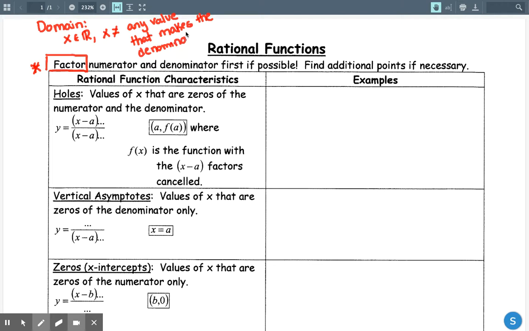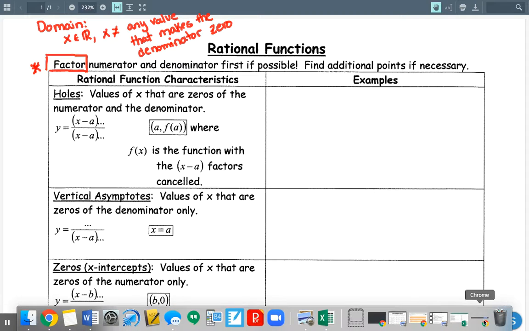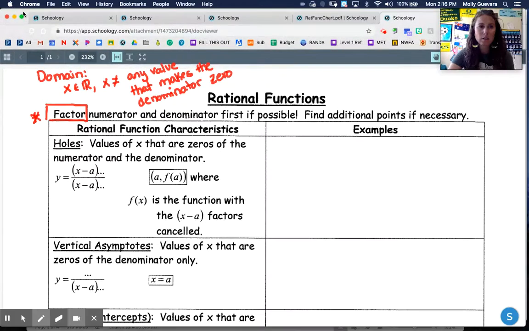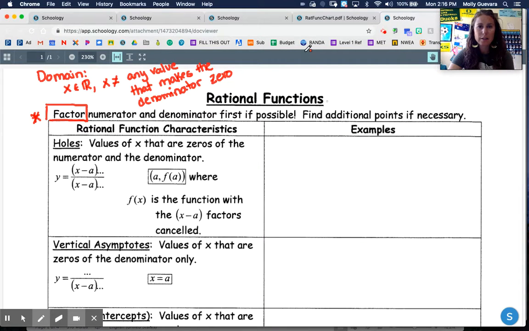So that's always going to be your domain. If it's asking you what is the domain of the function, then the domain is just x is in the set of all real numbers as long as x is not equal to any value that makes the denominator 0.